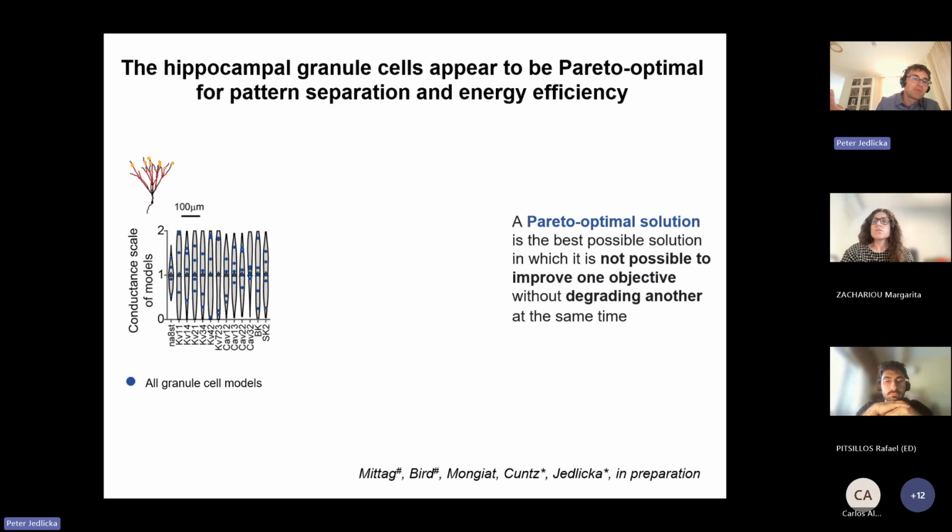And this is a pretty established method to estimate the energy consumption of a compartmental model. So we have two objectives: one is pattern separation, the other one is energy efficiency.